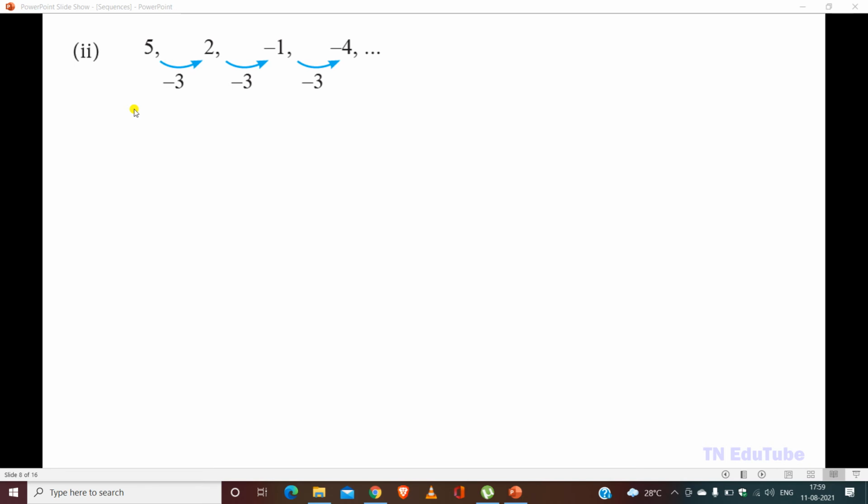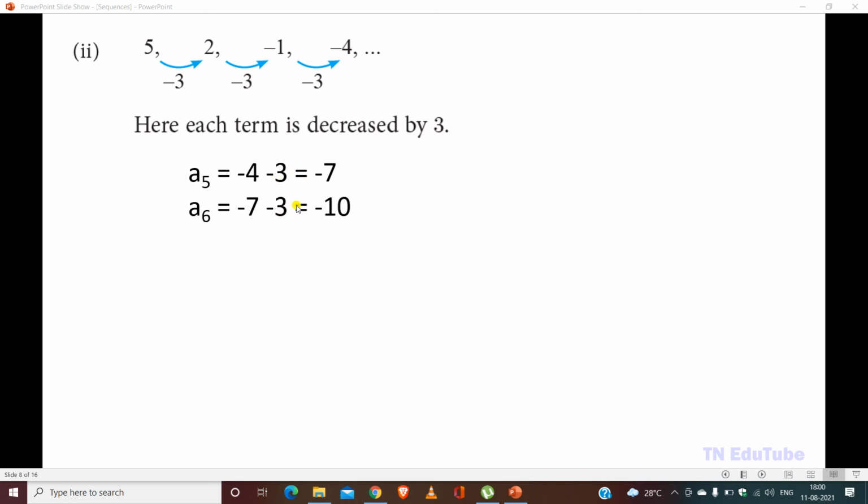Then the second one, see the difference. Here it is 5, here it is 2. So the difference between these two numbers, you have to subtract 3. 5 minus 3, you get 2. 2 minus 3, you get minus 1. Minus 1 minus 3, you get minus 4.